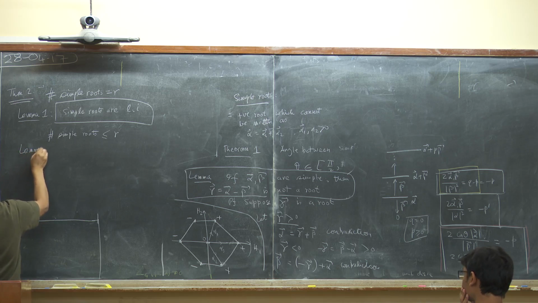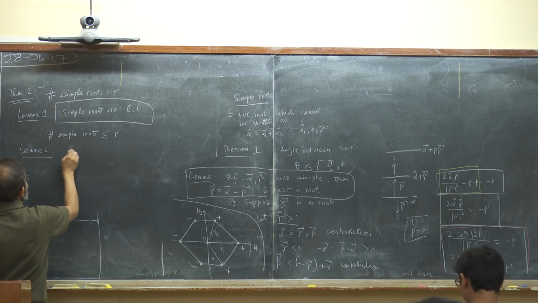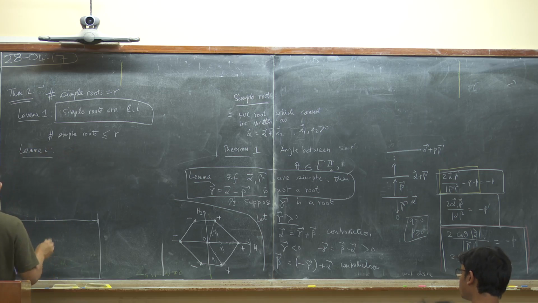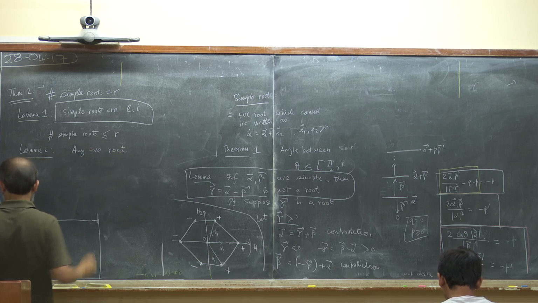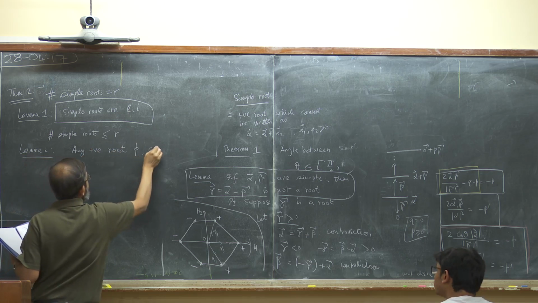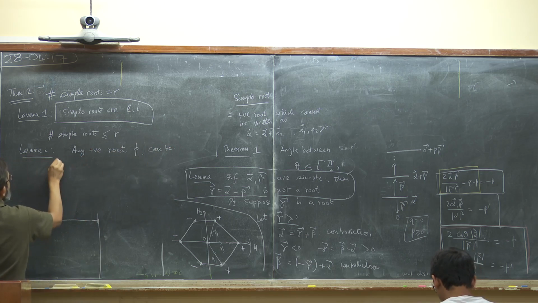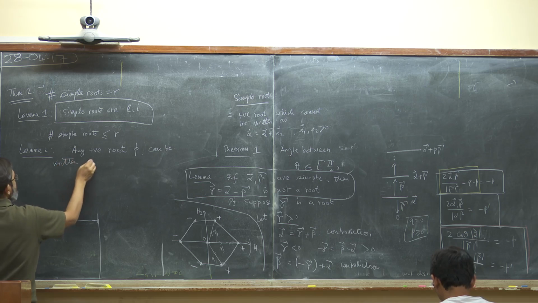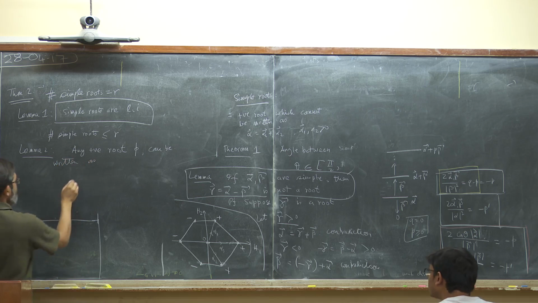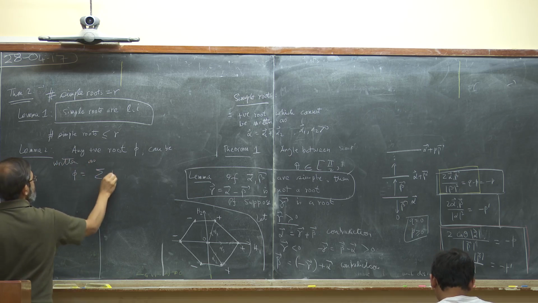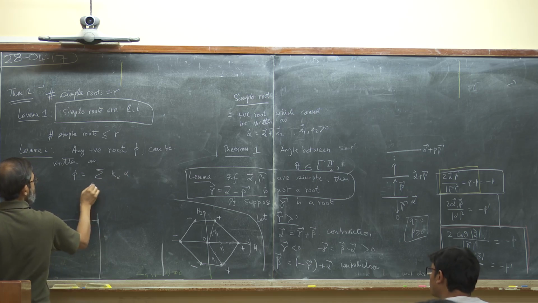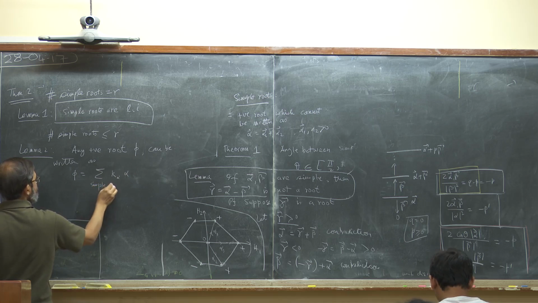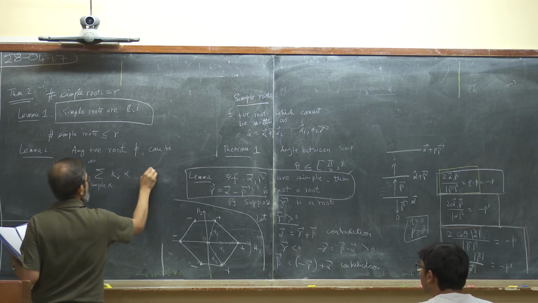This more and more sounds like a math class, but it's the following, and it has a cool proof: any positive root phi can be written as phi equal to the sum of k alpha times alpha, where alphas are simple roots and k alphas are positive integers.